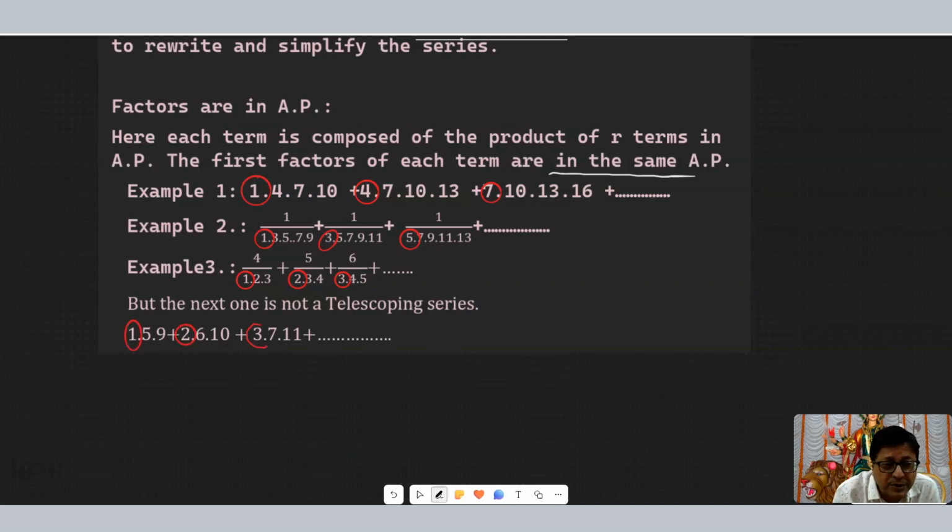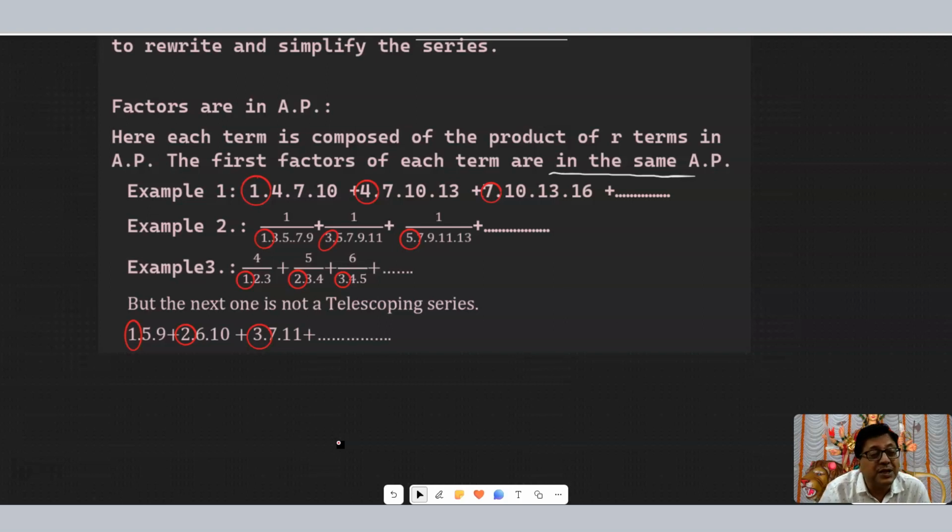I hope all of you are understanding. This is not a telescoping series. Why? Because 1, 2, 3, although they are in AP, are not terms of the AP given here. 1, 5, 9, then next 10, 11. They are not terms of this series. So this is not a telescoping series.